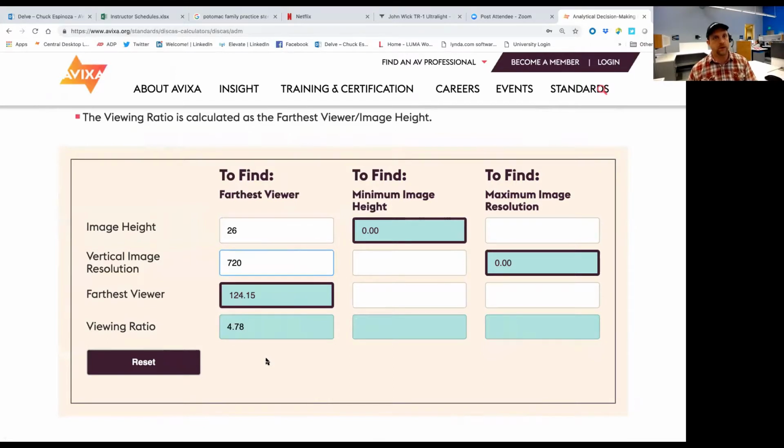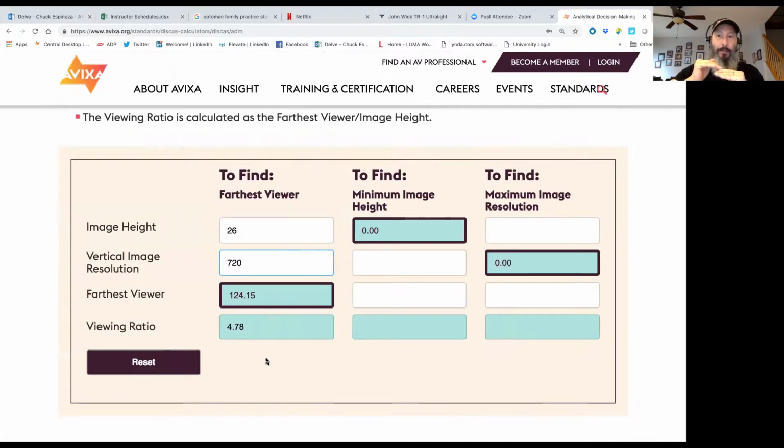What people are having a hard time grasping is, and I was teaching this in a class to a bunch of engineering students in Sweden, and they actually used the term shitty. They said, if I need to see better, I make a shittier resolution. I said, no, don't think about it that way. You have an image height of 26 inches. You're cramming 1080 pixels top to bottom in there.